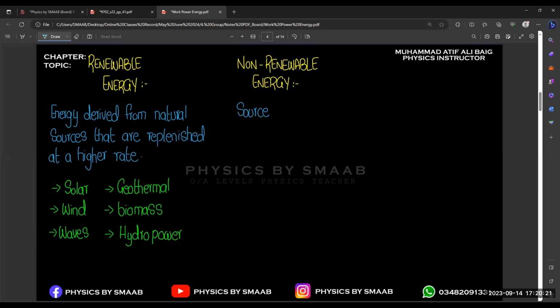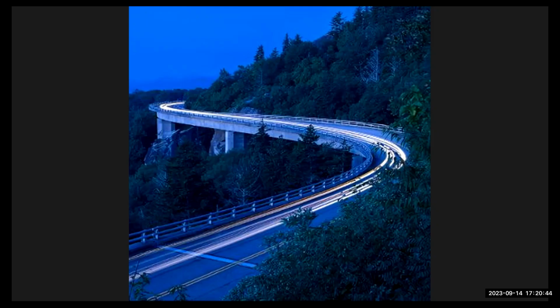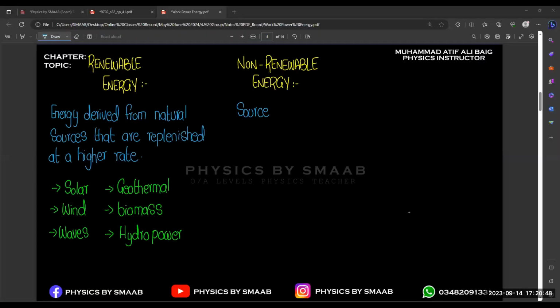Okay, now we talk about the sources of energy which are non-renewable. In this category, we are using sources which are not available in natural form, right?